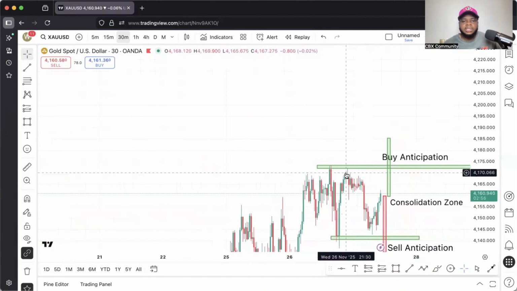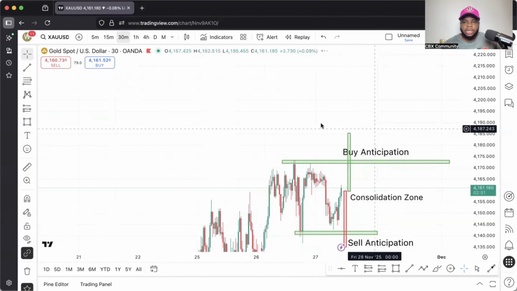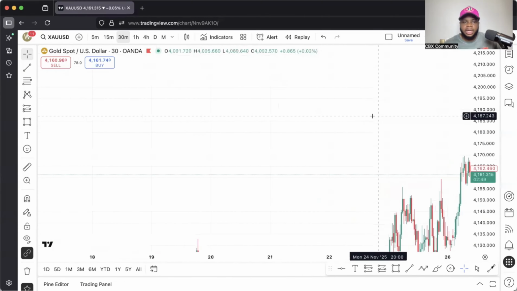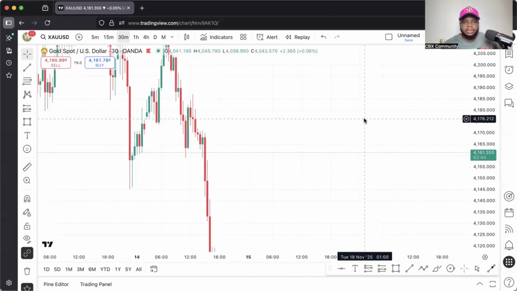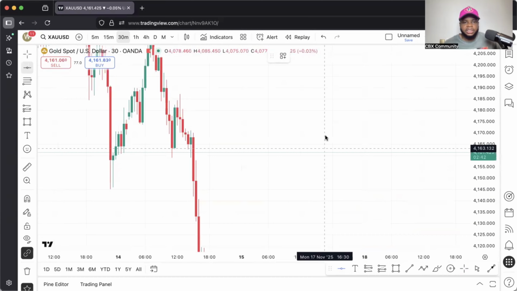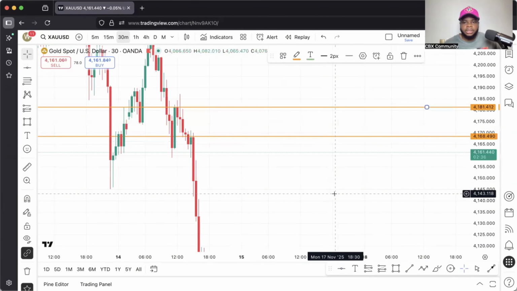Let's look at our left hand side so that we'll be able to identify a recent resistance zone, so that we'll know where our target will be, because it's very important for us to have a target. So we have a resistance zone over here, and over here.